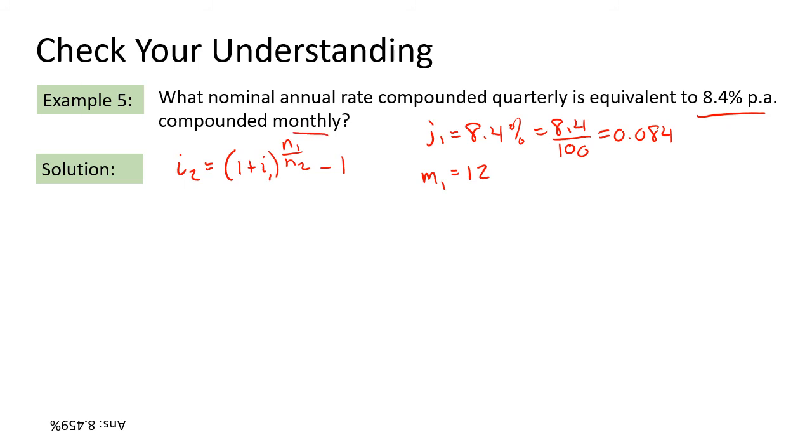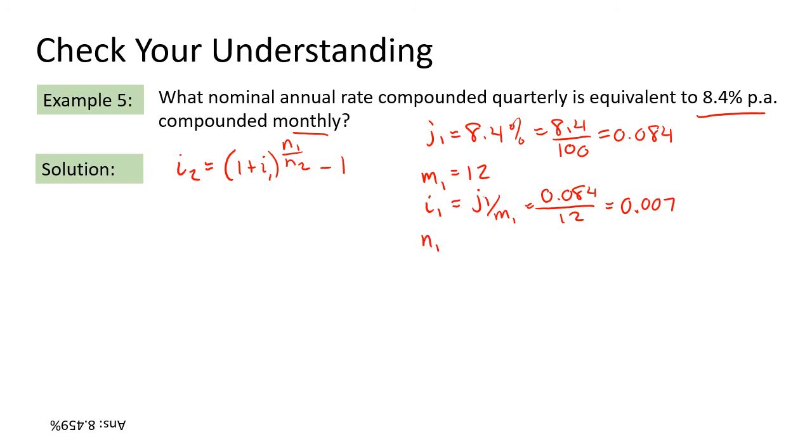That means our periodic interest rate for the first scenario is equal to J over M. Again, I use the subscript 1 to denote the first scenario, which is 0.084 divided by 12, which is equal to 0.007.